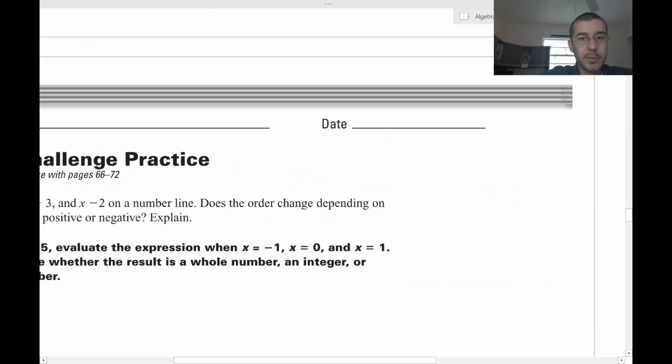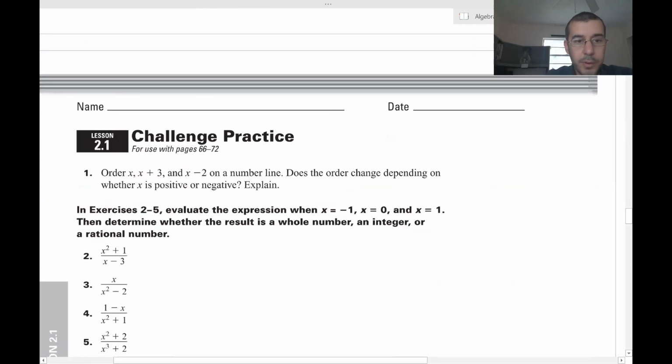Challenge practice problems. Order x plus 3, and x minus 2 on a number line. Does the order change depending on whether x is positive or negative? Okay. So let's say this is the number line.